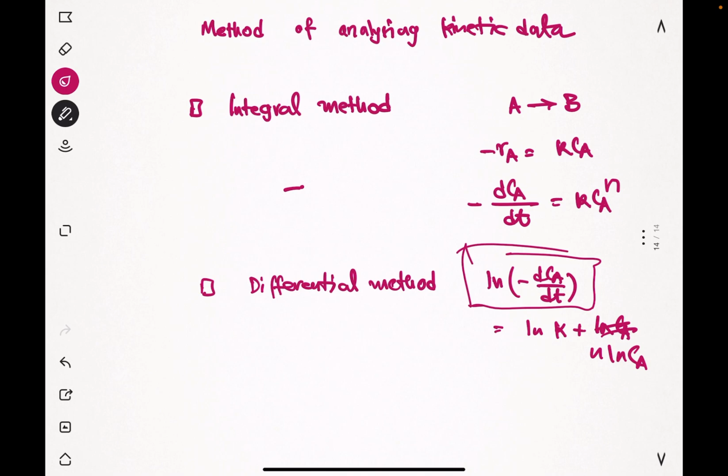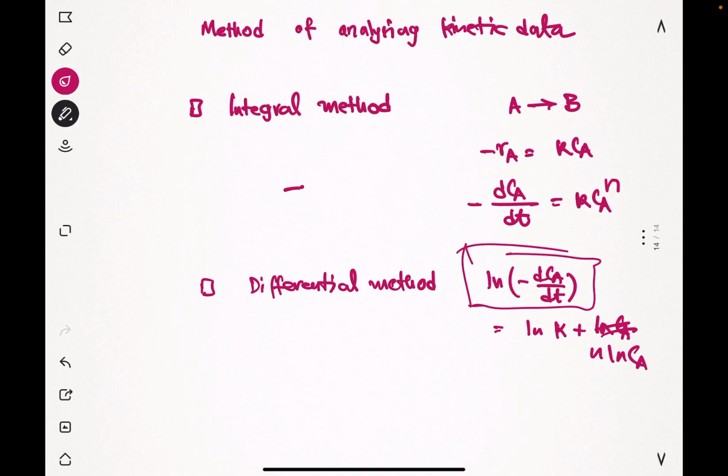Now, it seems the differential method involves a lot less work, and maybe it should be preferred all the time. The thing is, when we use the differential method, we are not using the direct data we get from the experiment.